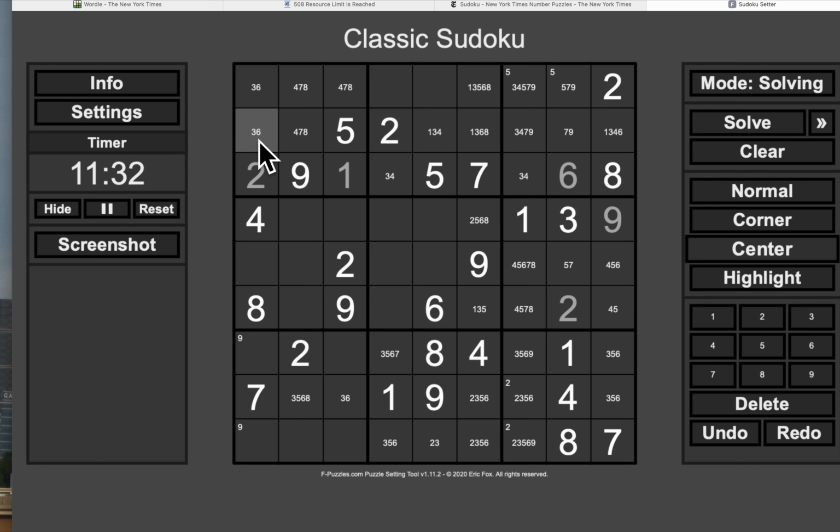Okay, these are 3, 6, along with 2, 4, 8, 7, so there's only 3 digits left to place here. It cannot be 1, 2, 3, 4.